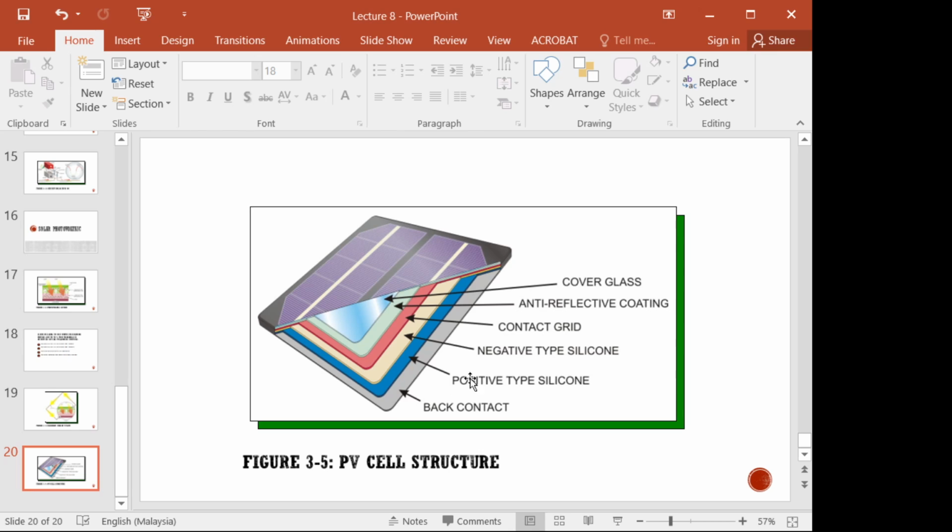It's the conventional photovoltaic. There are different layers in the photovoltaic cell. We have cover glass, anti-reflective coating, contact grid, negative type silicon, positive type silicon, and back contact. So if you cut the PV, you can see all the layers.